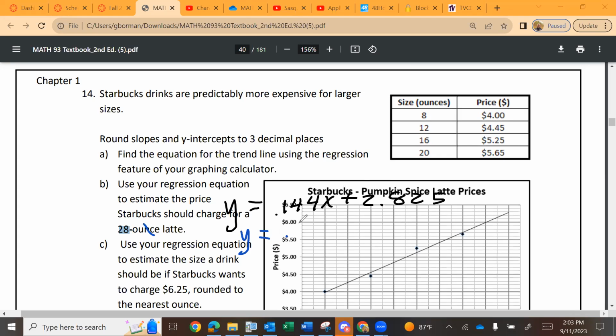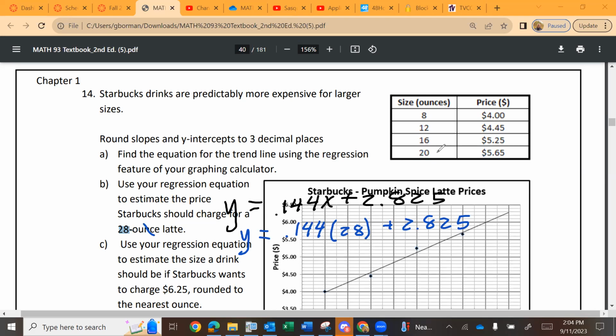So I say, all right, so Y equals 0.144 times 28 plus 2.825. And again, you're going to do a lot of the same stuff in all the other chapters. Now if we take a look at this, a 28 ouncer should be more than $5.65, because a 20 ouncer is that.